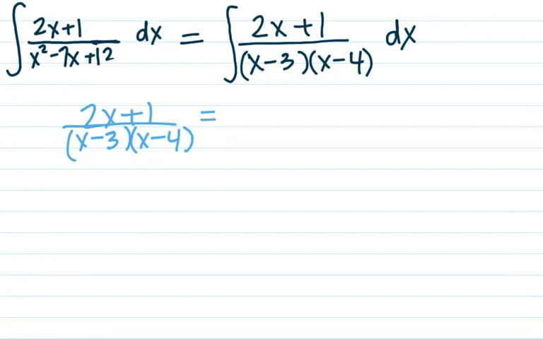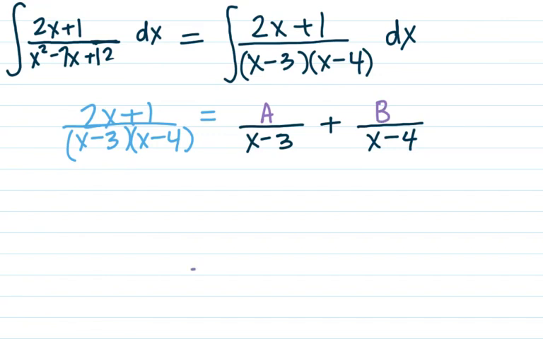Now on the right hand side, we're going to take each factor and we're going to put it as a denominator. And then because both of these factors are linear factors, the only thing we have to put up top in the numerator is a constant. So we'll call that one A and we'll call this one B.